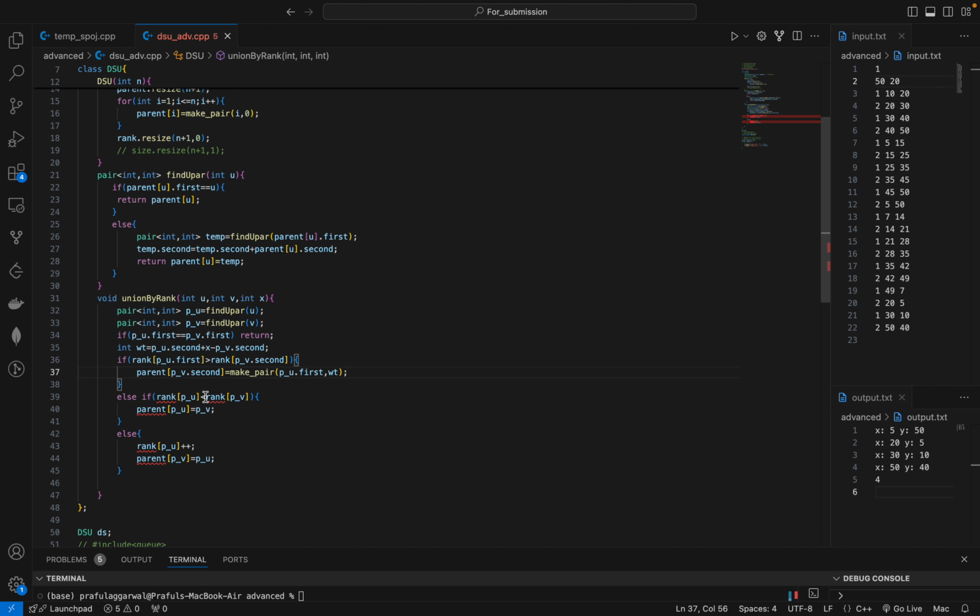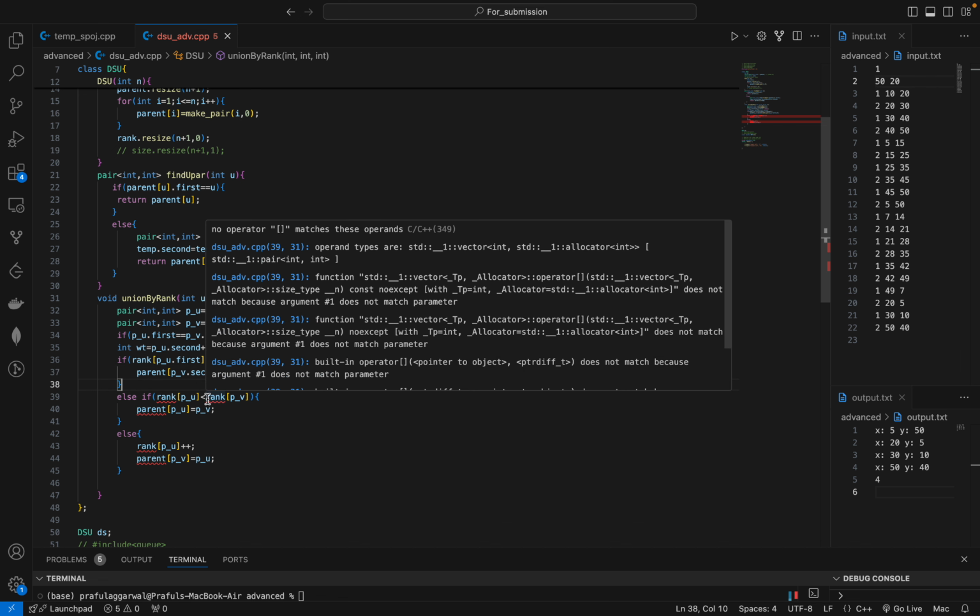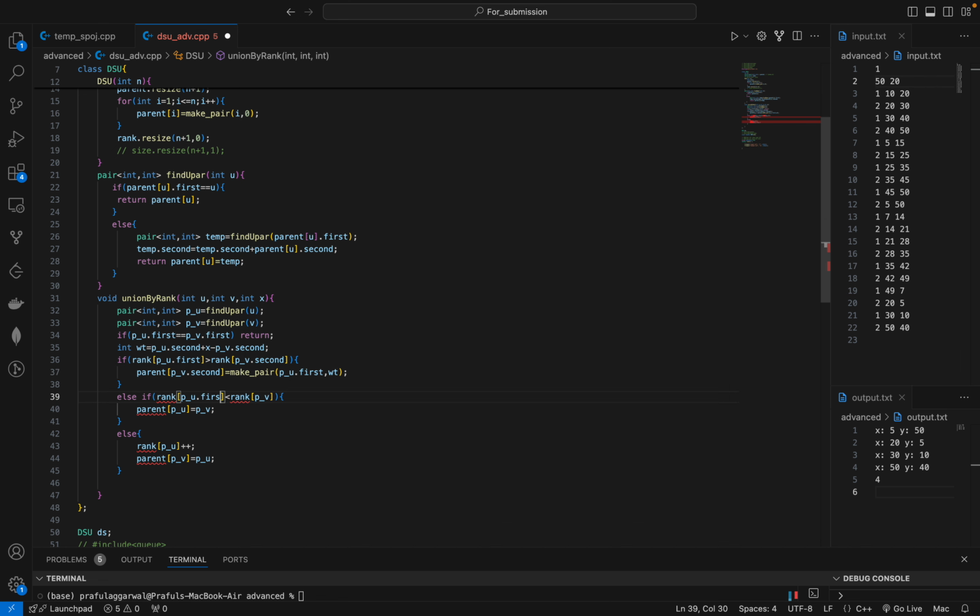Now the other case is if the rank of u is less than the rank of v, then we need to merge u into v, not the other way around. So in that case, it should be first, because second one is weight, and this should be first too, and this should be second.